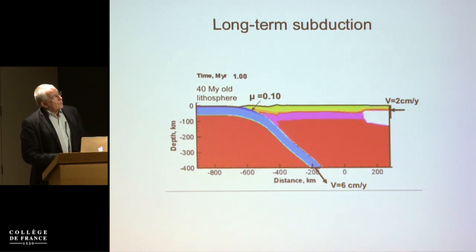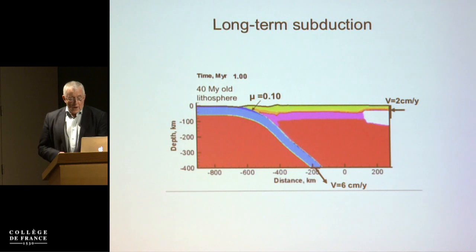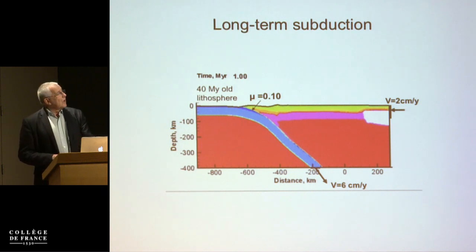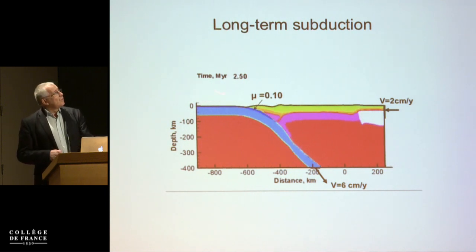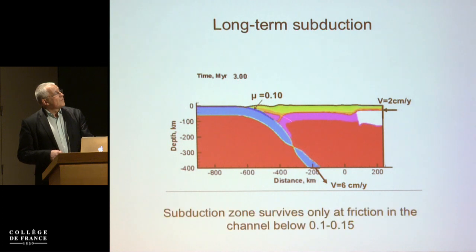And we pull from below. And this is just 2.5, 3 million years. You see, the slab is broken. And this is with a friction coefficient of 0.1.